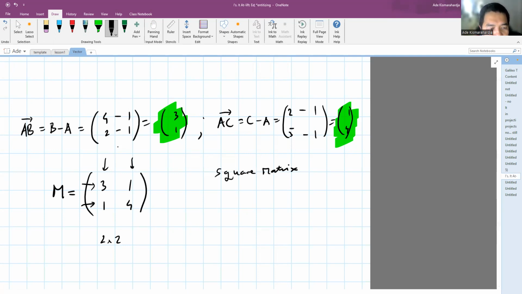Now, this is something interesting. When we have a square matrix, we can calculate a value from it. It's called the determinant. Now, what is the determinant of a square matrix?